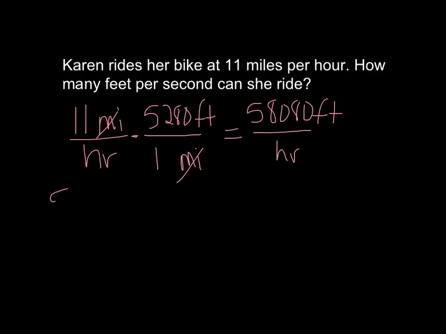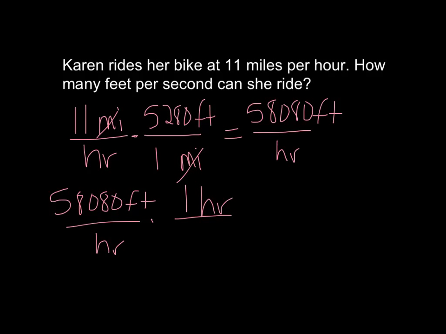Now I want to convert that hour into seconds. When you want to get rid of it, remember, it's going to go opposite. Right now hours is in the denominator, so I want hours in my numerator. 1 hour is 60 minutes, and then I don't have seconds yet, so I need to get rid of my minutes. 1 minute is 60 seconds.